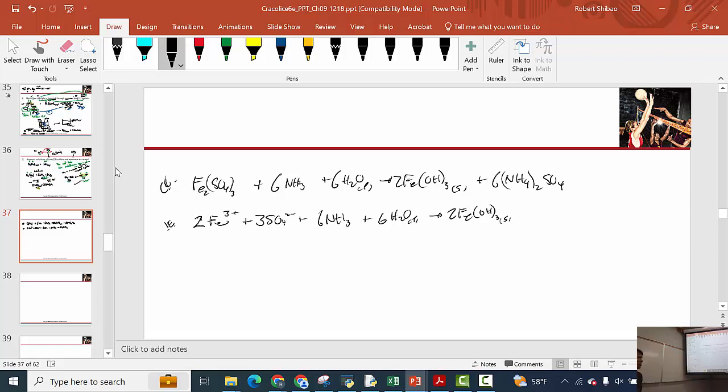Ammonium sulfate, is that a strong acid? No. Strong base? No. Soluble salt? All ammonium salts are soluble.